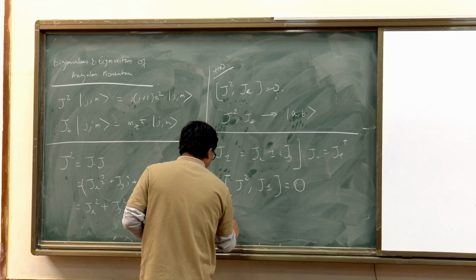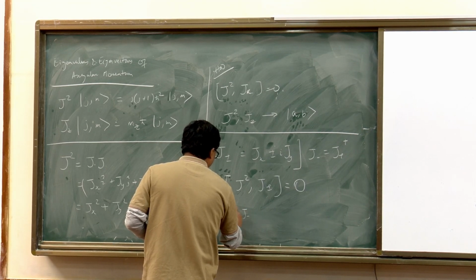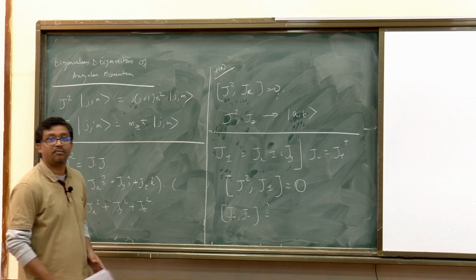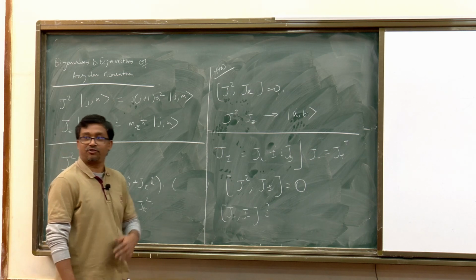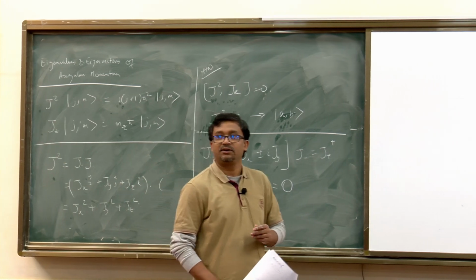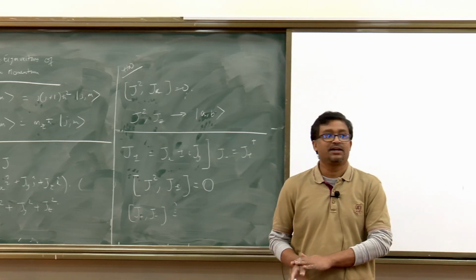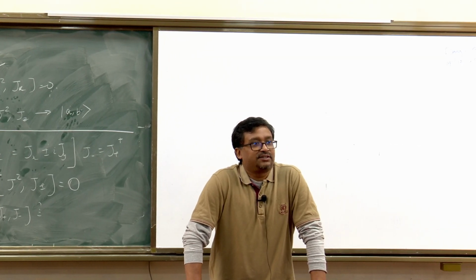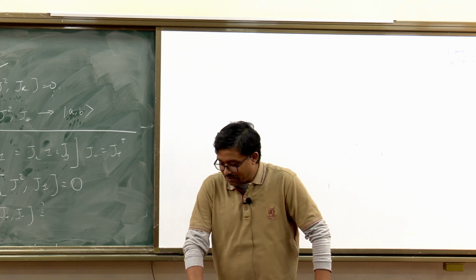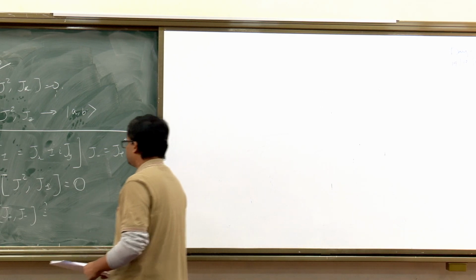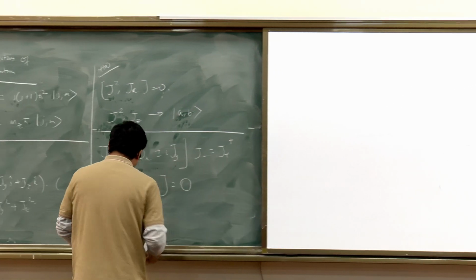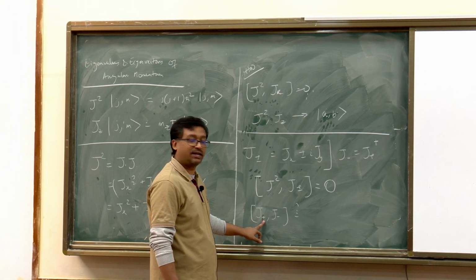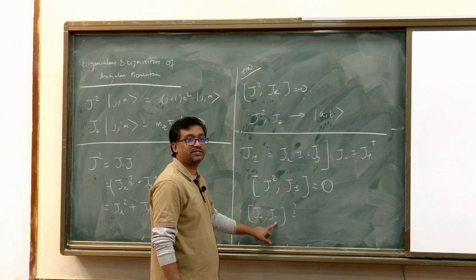What about the commutator of J plus and J minus? What do you think it would be? Of course, you will have to work this out, but there might be some factors. You should realize that J plus is made up of Jx, Jy, and J minus is also made of Jx, Jy.